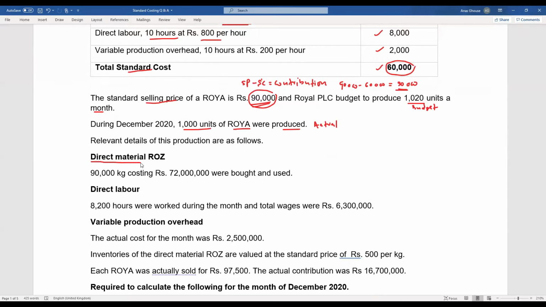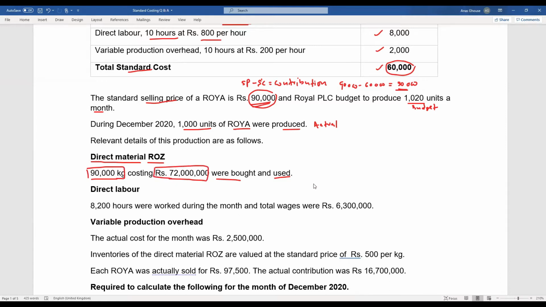Direct material rose: 90,000 kg costing 72 million were bought and used. So the company has bought 90,000 kg and the cost was 72 million.